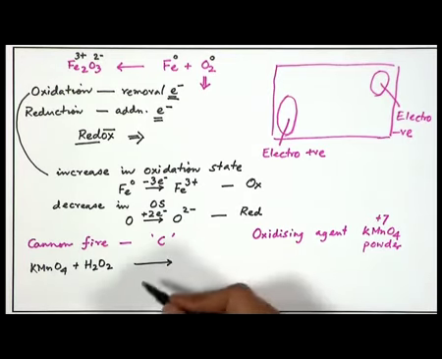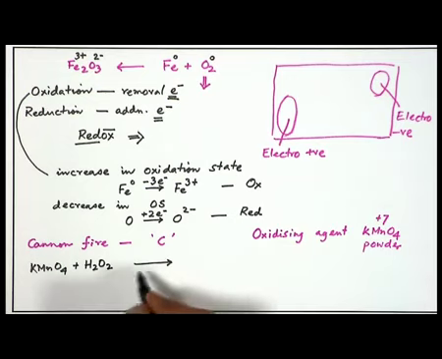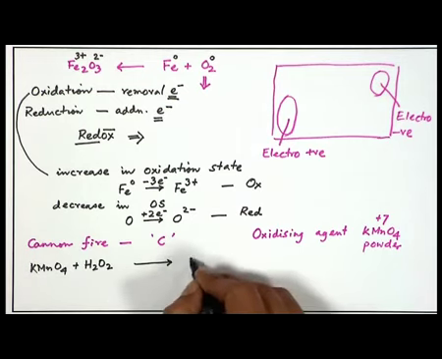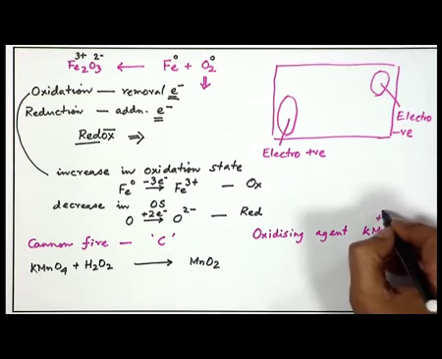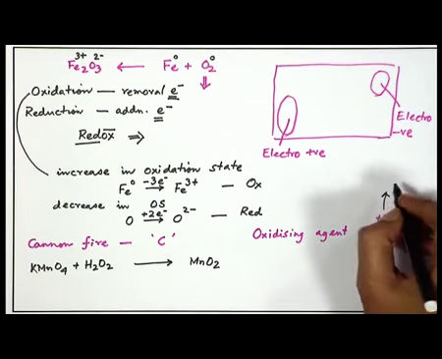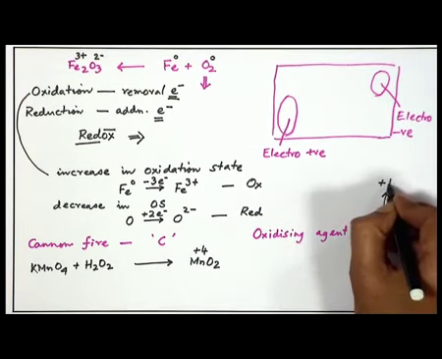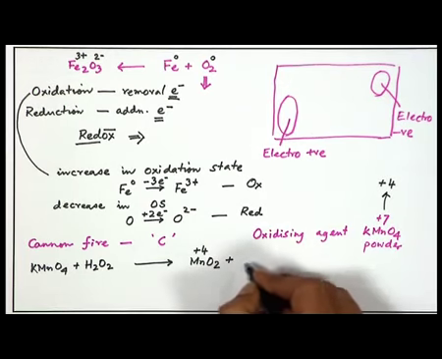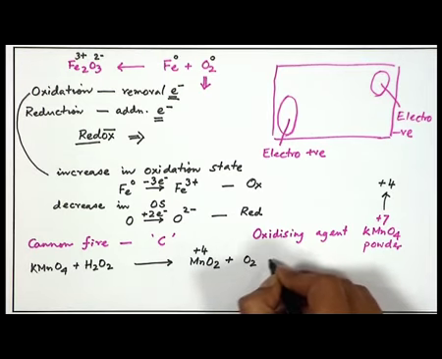If there is some firing or burning process, what will happen? The KMnO4 will be available for its reduction reaction, because the manganese is already in the +7 oxidation state. So, it will go down to the +4 oxidation state in MnO2, and the hydrogen peroxide will be available for the production of O2.